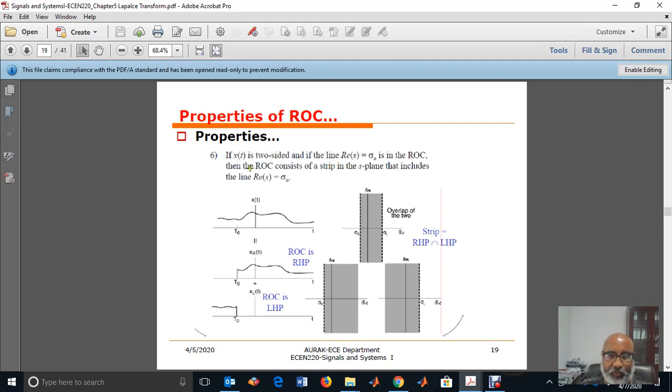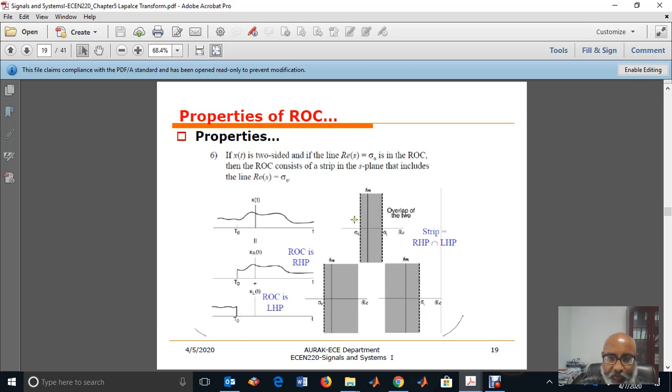What about a two-sided signal? A two-sided signal means one which exists from minus infinity to infinity, for example. We can break it into the right-sided part starting from t naught and going to the right, and the left-sided part starting from t naught and going to the left.